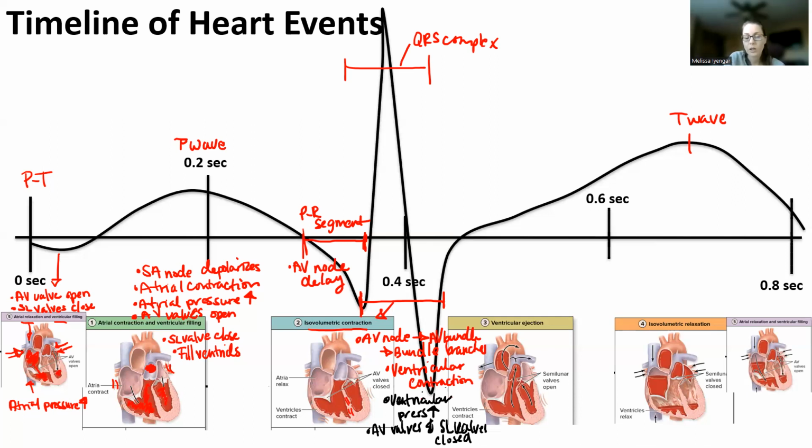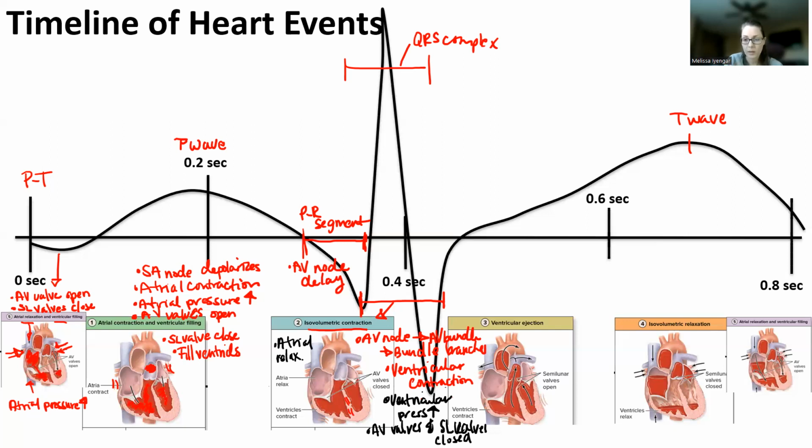So AV valves are closed, semilunar valves are going to be closed, and essentially what we see is as pressure builds, this is what's going to allow for us to start to eject blood out of the heart, okay? Don't forget here, atrial relaxation. So the atria are relaxing at this time as well, okay?